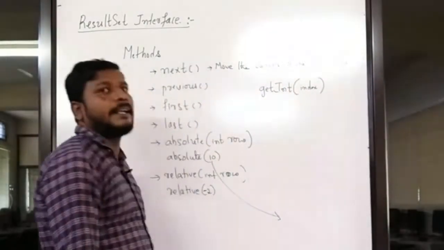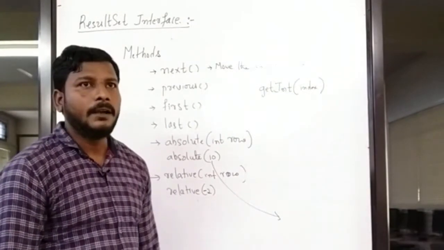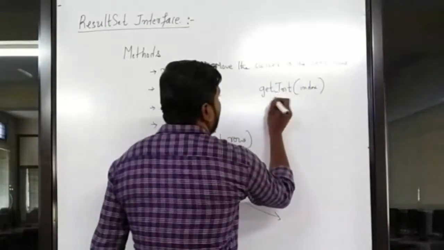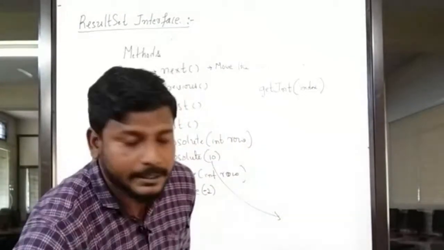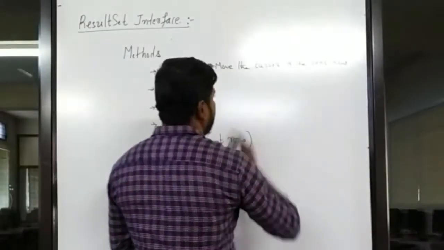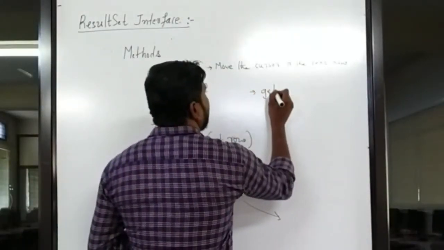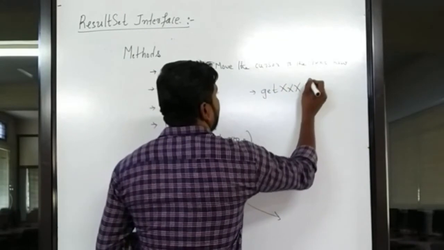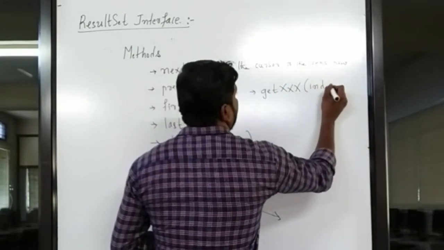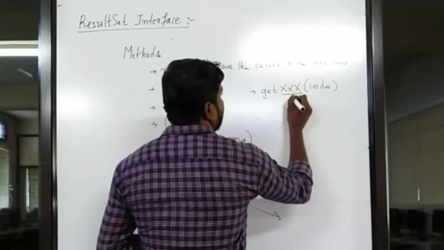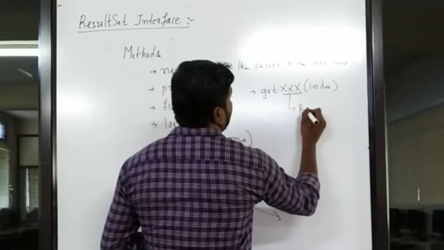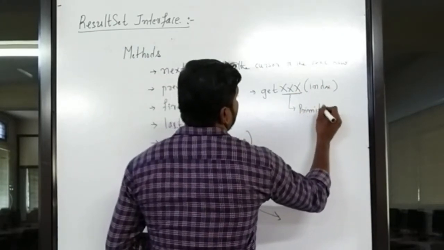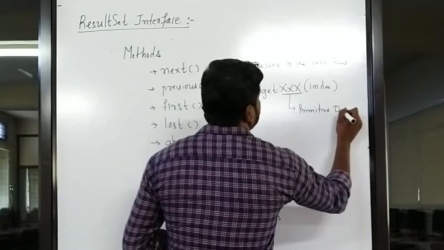getInt of the index, you should pass it over. The general format I can tell you: get followed by xxx and the index, and here xxx defines the primitive data type, any primitive data type supported in Java.